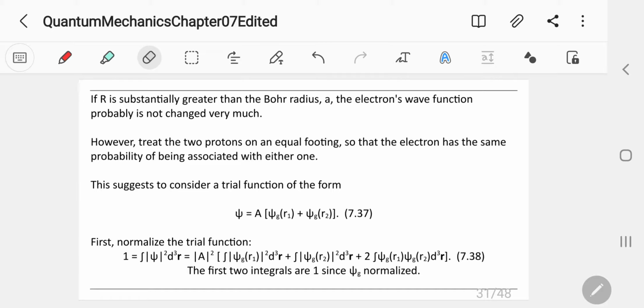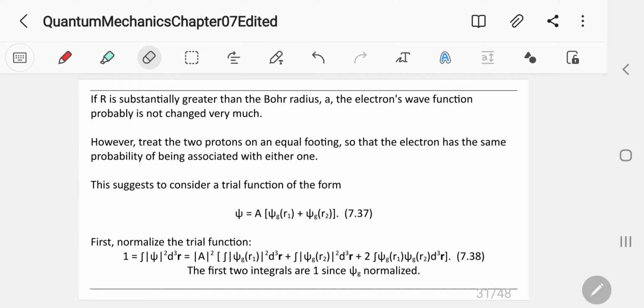So if the two protons are very far away and the electron is near to one of the protons, then its wave function will be just the hydrogen atom's wave function.